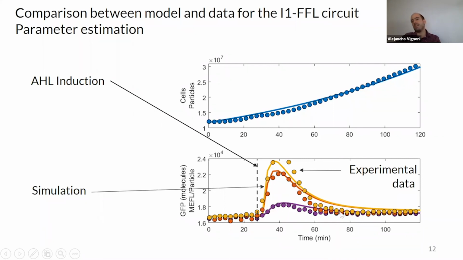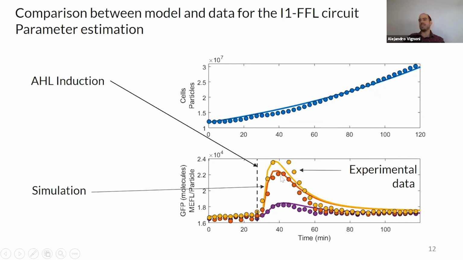And the full line that we got here is the result of the simulation. Of course, it's not perfect. The dynamics are not exactly the same, but we are capturing the different levels, and we are capturing the fact that this goes up and then down, and they are going down to the same level. So it's not a perfect fit, but we are getting information from the model.